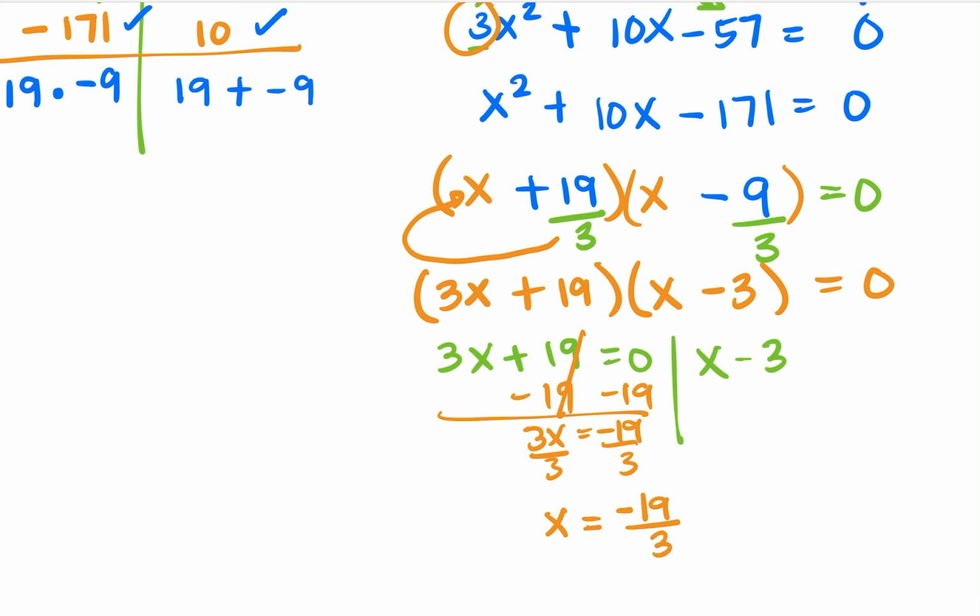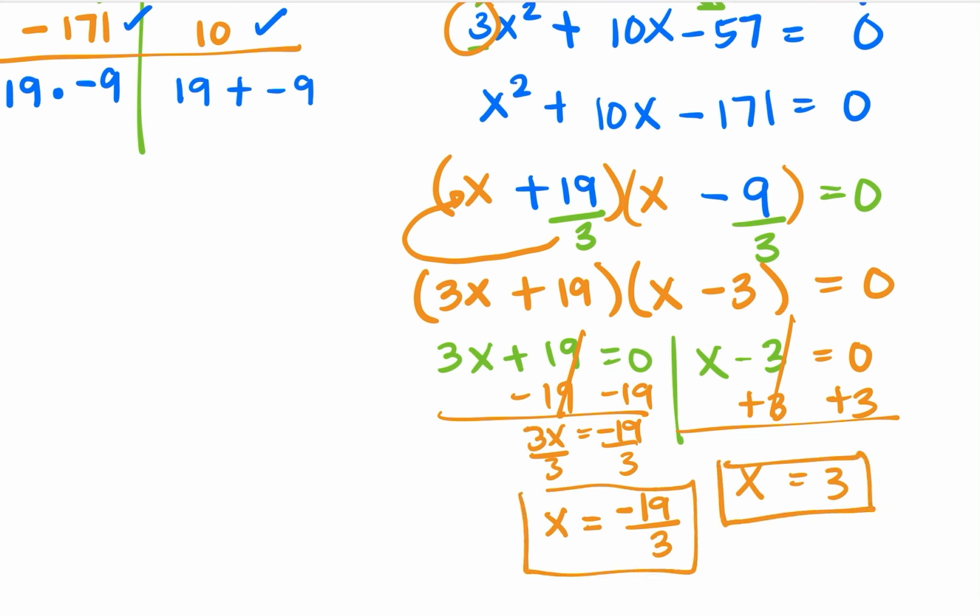And the other answer: x plus negative 3 equals 0, we're adding 3 on both sides, and therefore x is equal to positive 3. So here are the values of x: negative 19 over 3 and positive 3.